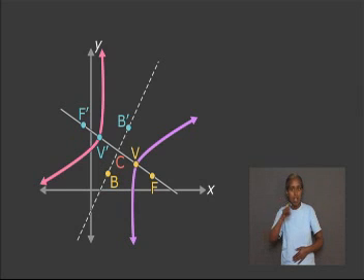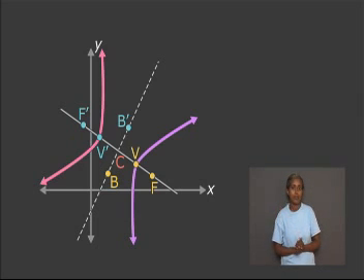A small a denotes the distance from C to V and C to V prime. A line drawn from the center to either of the foci is denoted by a small c.